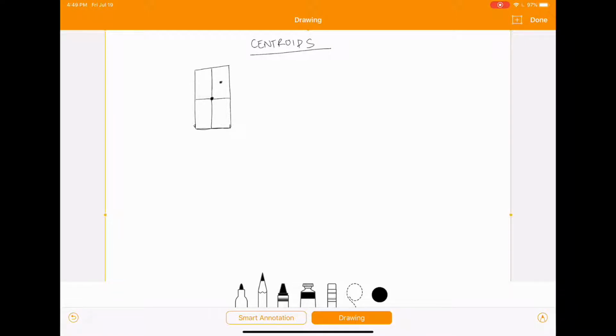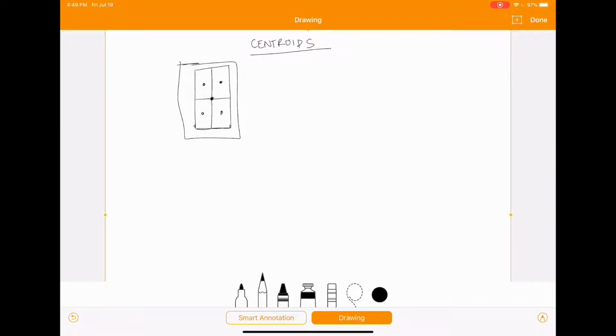So this area here equals this area equals this area equals this area. If you were to cut this shape out from the page and balance your finger where that point is, then that shape is going to be perfectly balanced on your finger. It's not going to tip to one side or the other. It's going to stay perfectly level. That's what the centroid is.